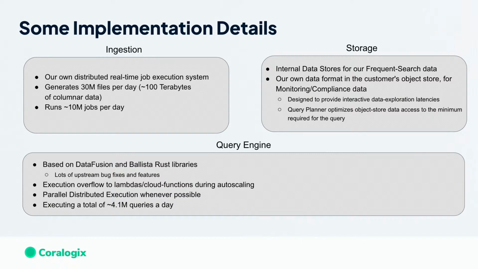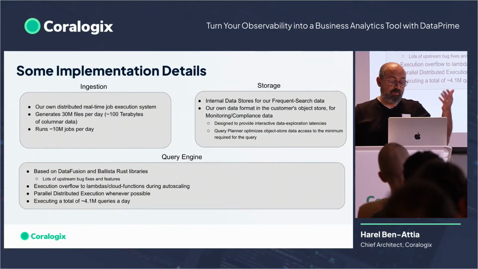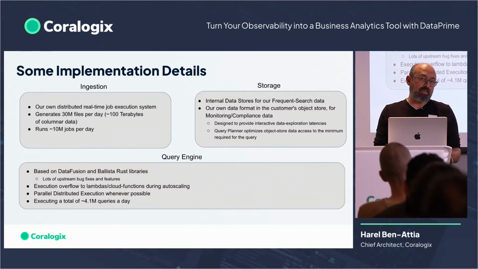We have execution overflow to lambdas and cloud functions during auto-scaling in order to compensate for the AWS slowness of actually bringing new nodes up, and the bursty nature of query engines requires it. Parallel execution whenever possible. We're executing more than 4 million queries a day.